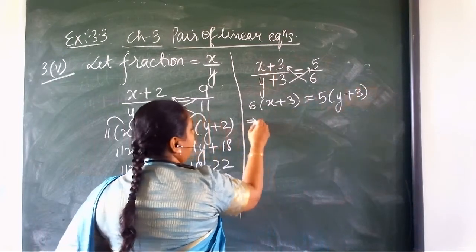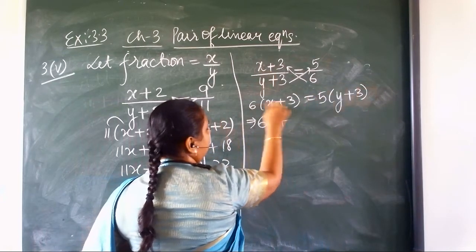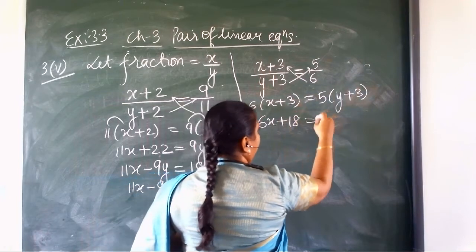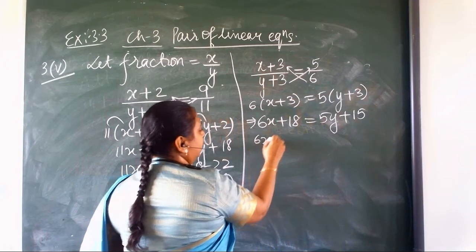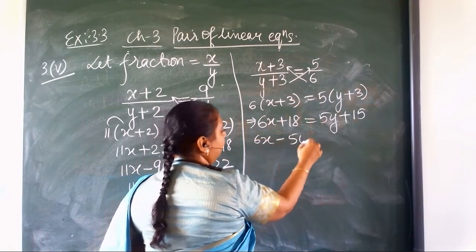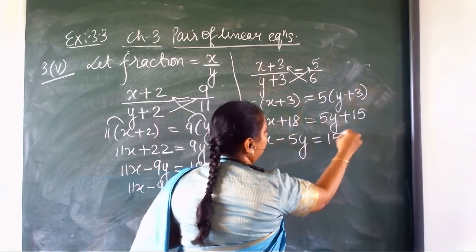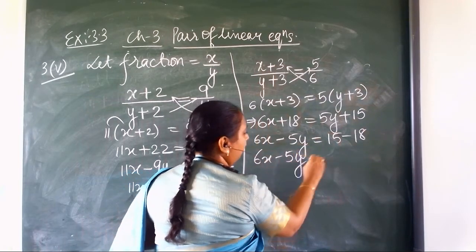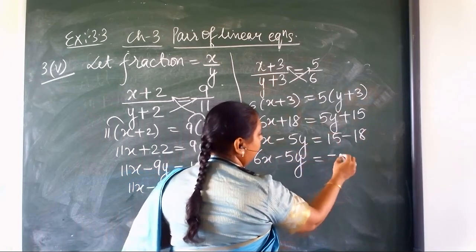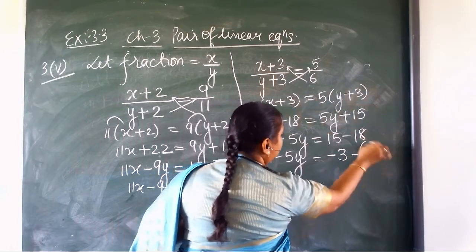On solving we get 6x plus 6 3s are 18, 5y plus 15. Bring 5y on the left hand side. 6x minus 5y is equal to 15 minus 18, which is minus 3. This is your second equation.